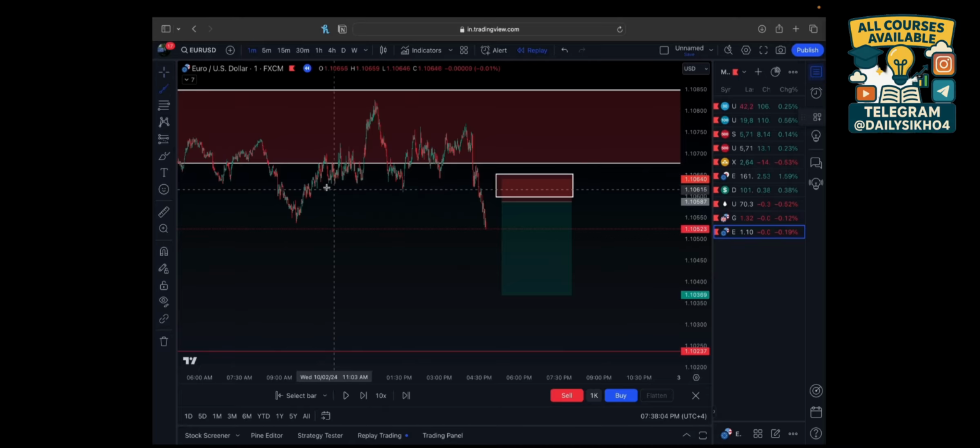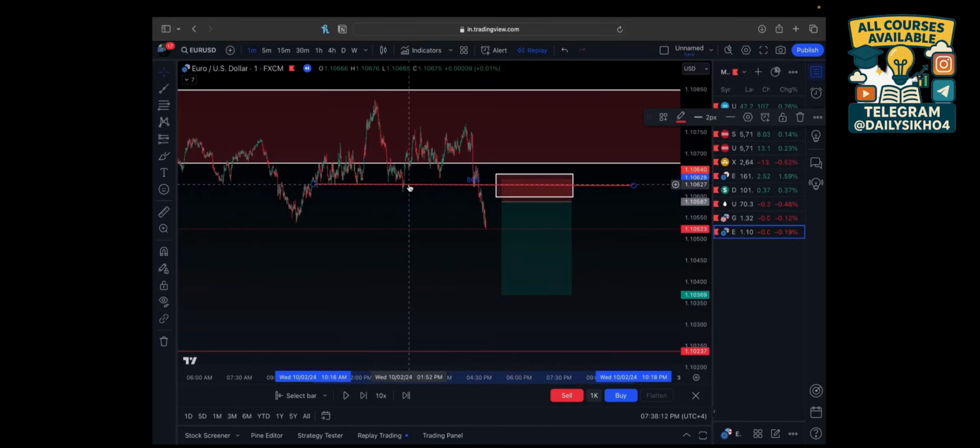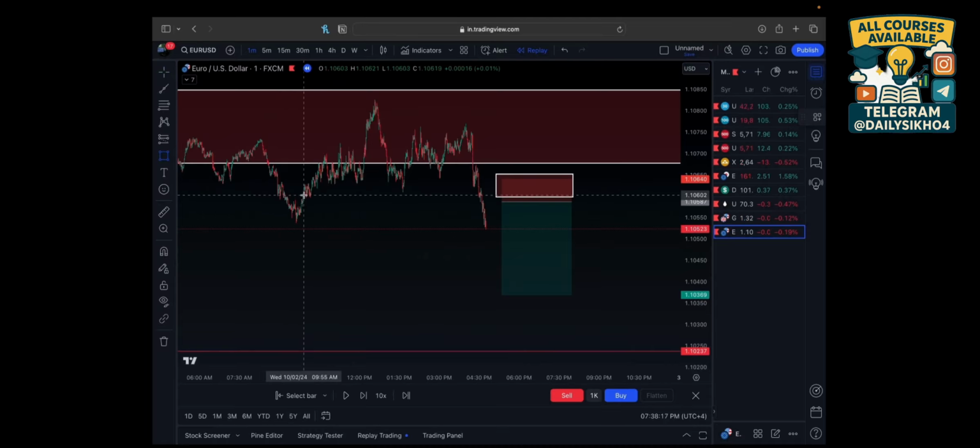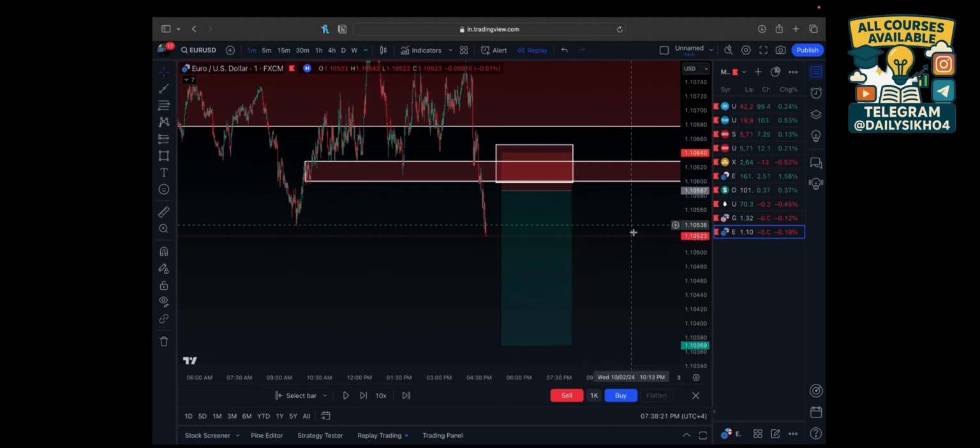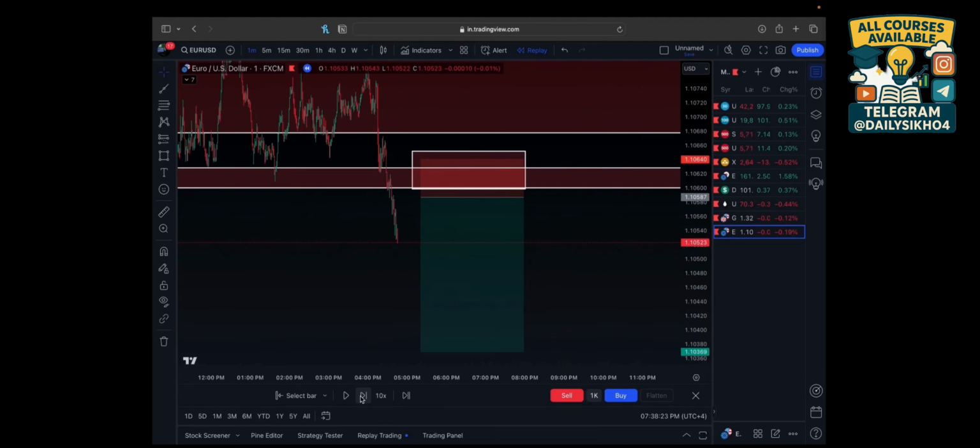Now we take out the simple support and resistance levels. Simple support, right? If you mark this zone like this from here, simple support has now turned into resistance.